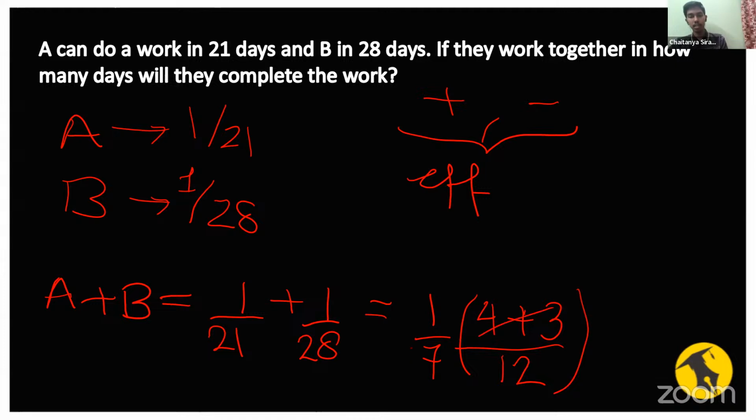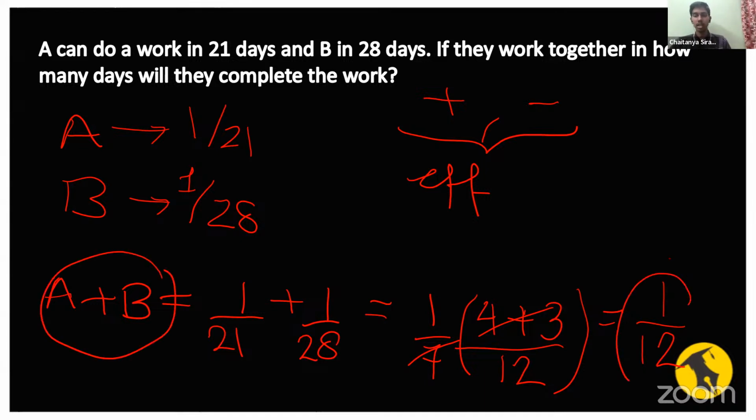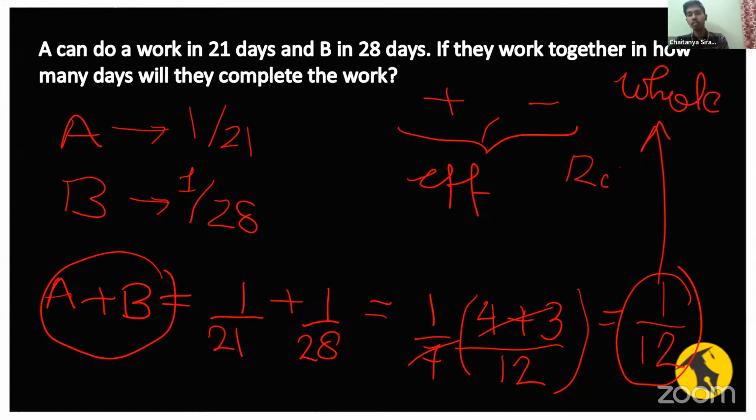So eventually this 7 and this 7 will cut out and I'll get efficiency as 1 upon 12. That means A and B together finish 1/12 of the work in one day. So how much time will they take to complete the whole work? The answer is simple. You just take a reciprocal, it will be 12 days.